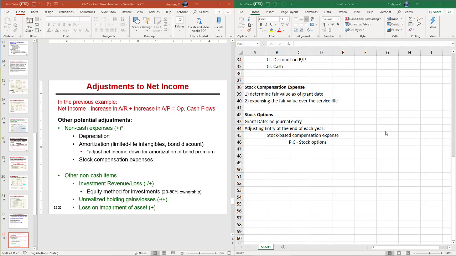Other than non-cash expenses, there are some other non-cash items that we need to deal with. So the first is an investment that we account for using the equity method. If you took me for intermediate 1, we may or may not have covered how to account for equity investments, depending on whether we had enough time.